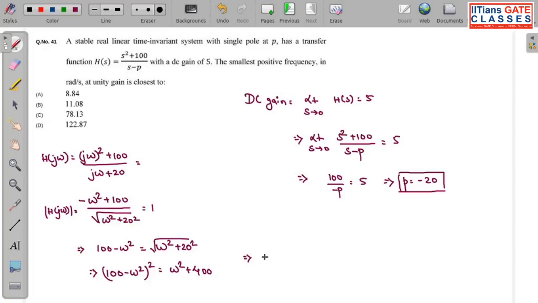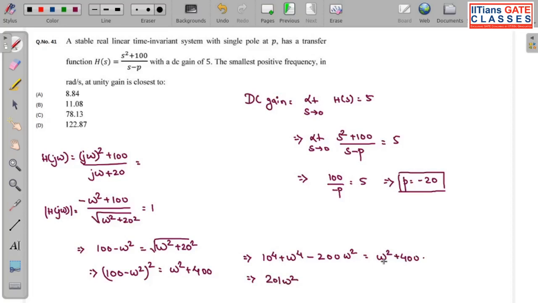Now if I solve this, it will be 10 to the power 4 plus omega to the power 4 minus 200 omega square is equal to omega square plus 400.